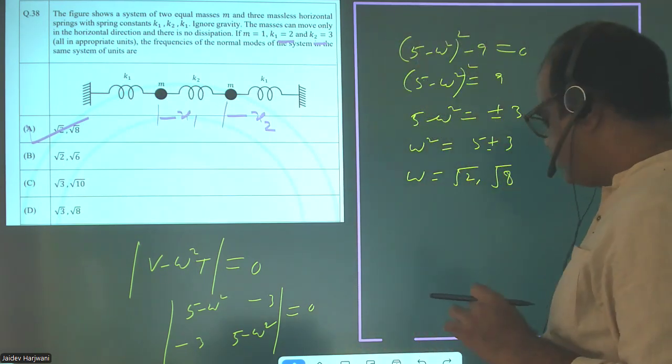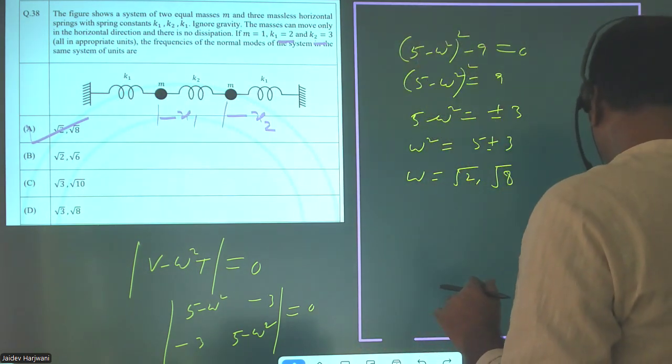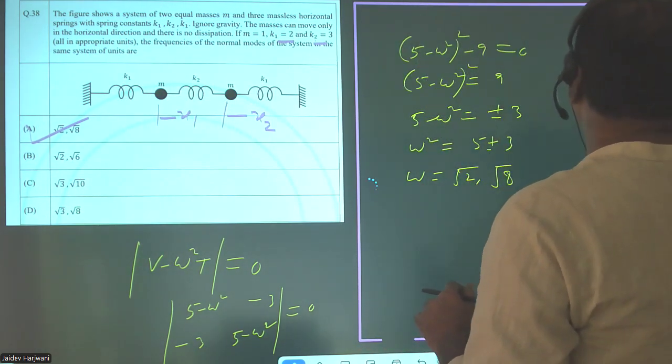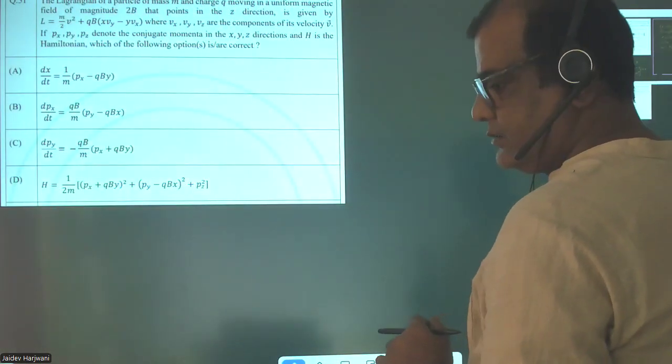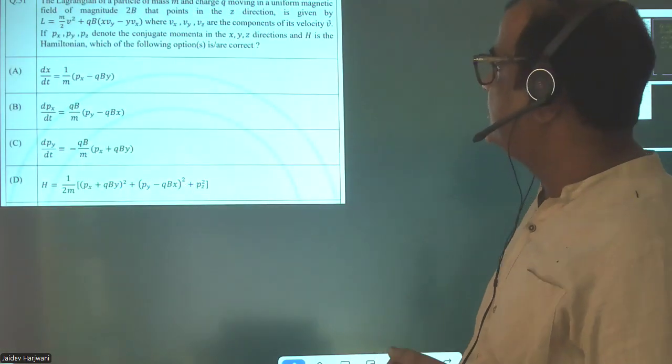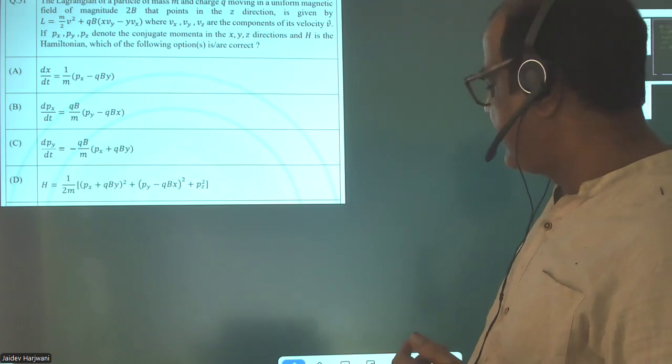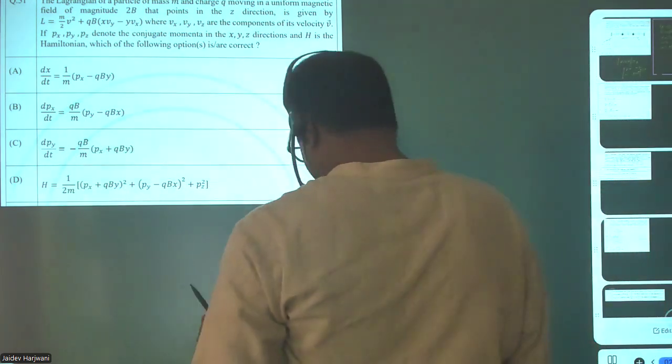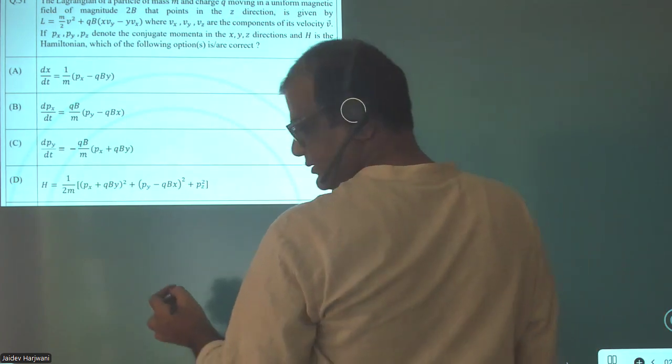So let us go for the second question now. This second question is also from Lagrangian Hamiltonian mechanics. So the Lagrangian is given to us.